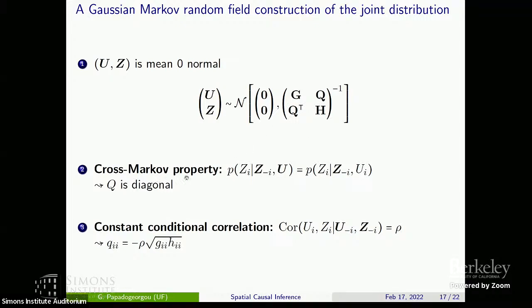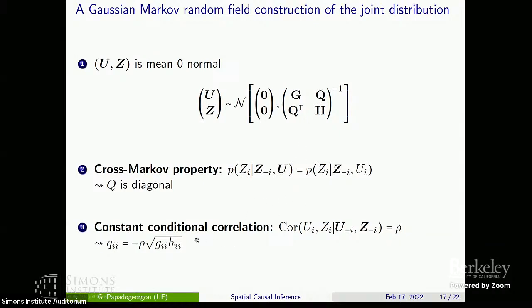First, we make a cross-Markov property assumption that says that the only value of U that matters for the exposure is the local value. That implies that the Q matrix here, the cross precision, is diagonal.